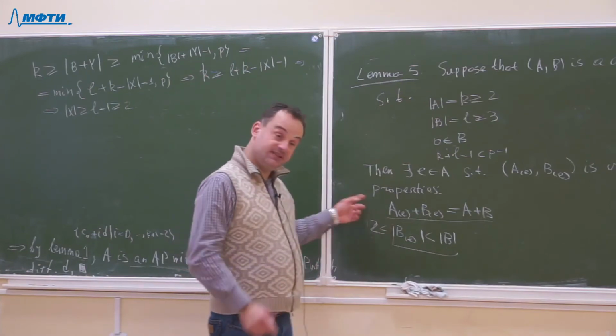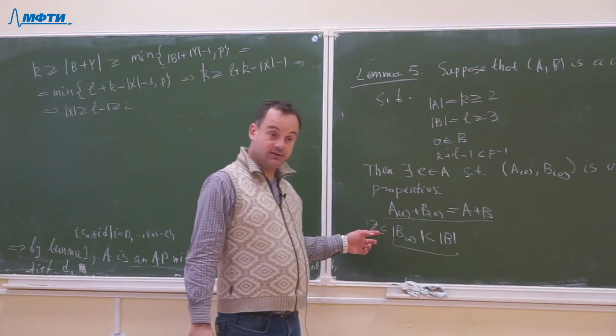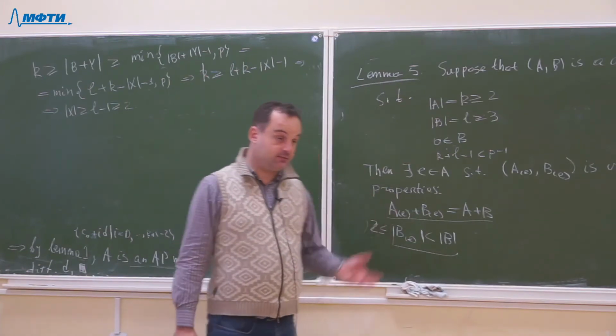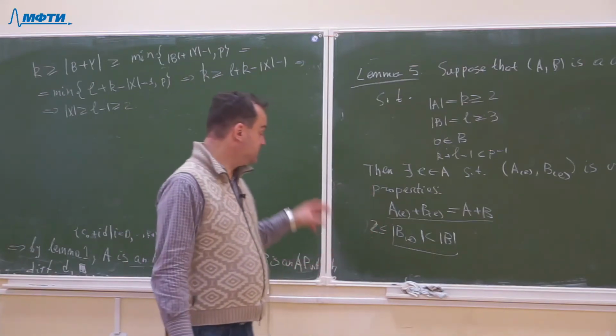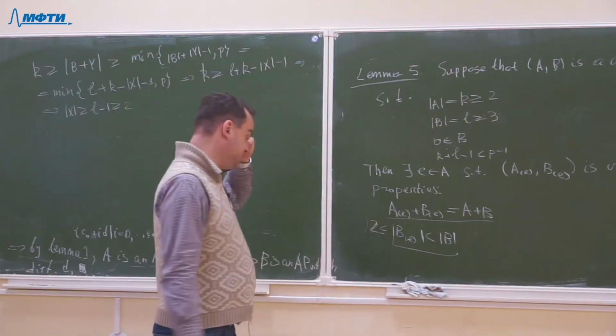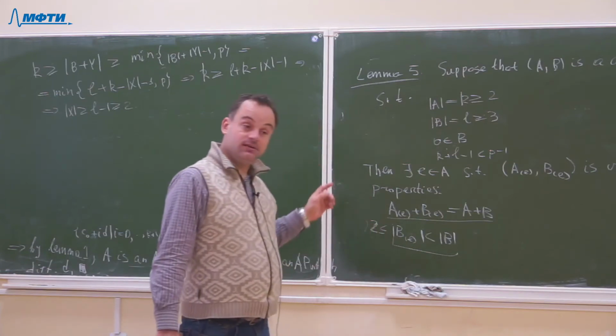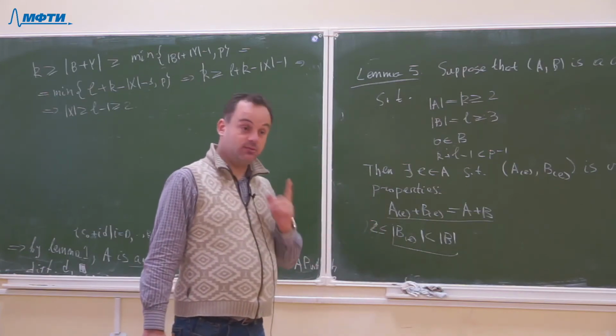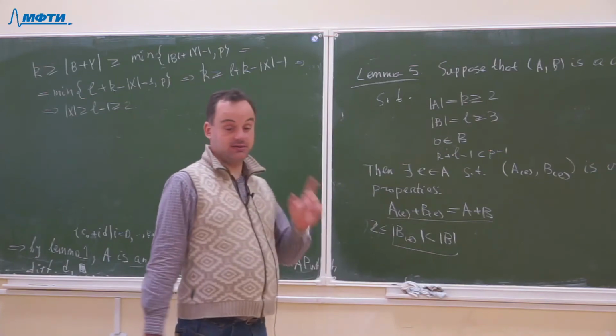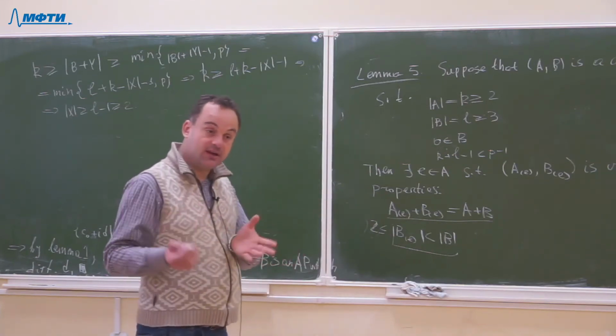We have to show this part, right? So we have to show that we can subtract E from X such that B contains more than one element.